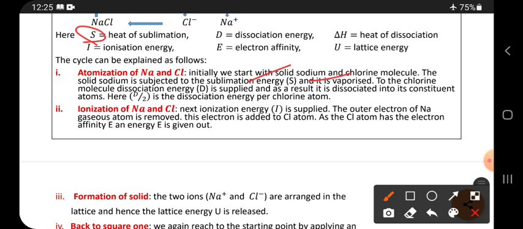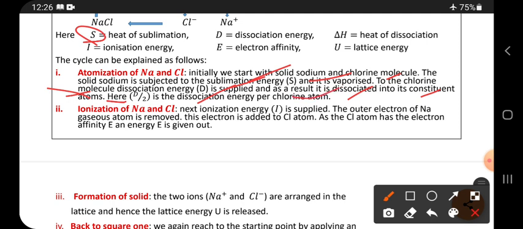For the chlorine molecule, dissociation energy is supplied, and as a result it is dissociated, that means separated, into its constituent atoms, chlorine atoms. Here D/2 is the dissociation energy per chlorine atom.